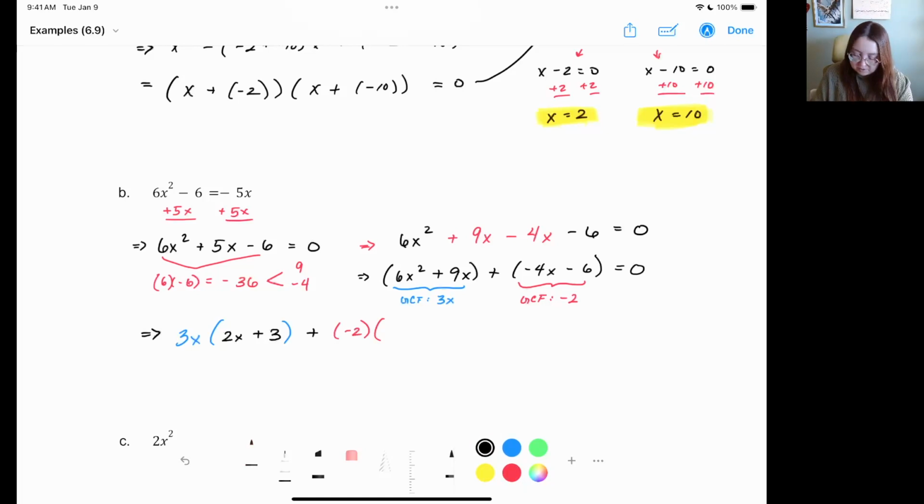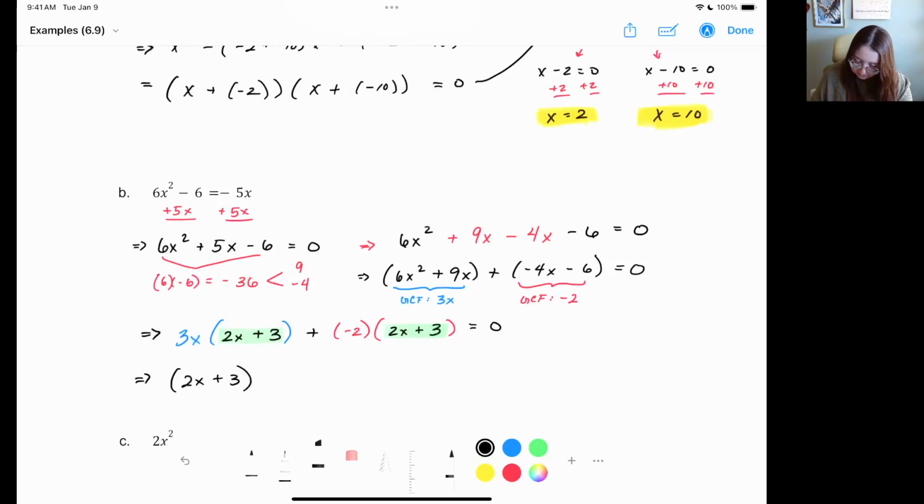And when we do, we're left with 2x plus 3. And what we notice here is that those are the same terms, which is good. That's what we want. So we're going to factor out 2x plus 3, so it's its own term.